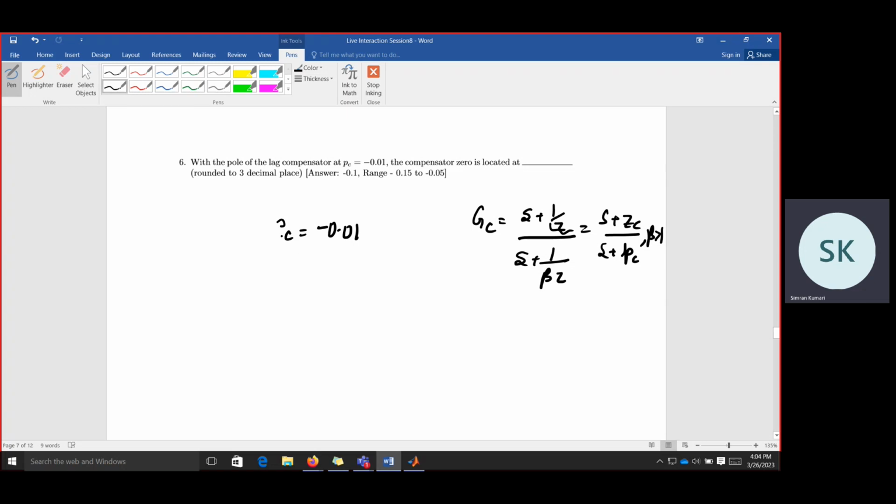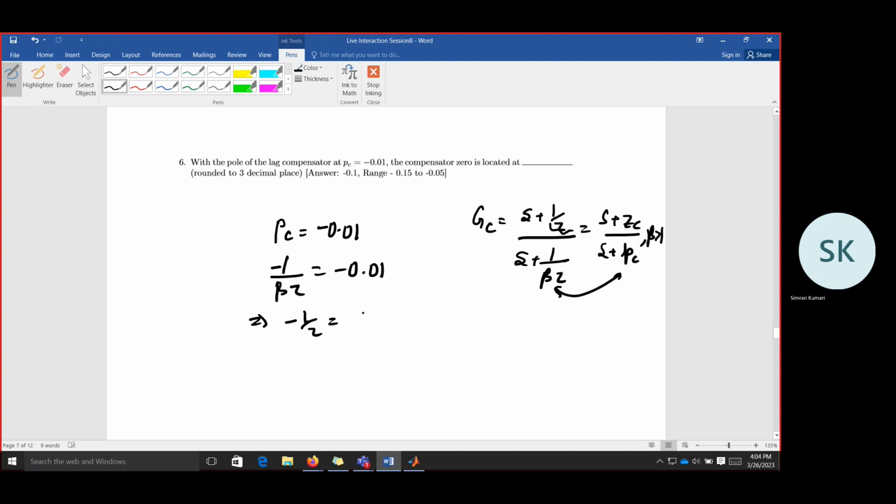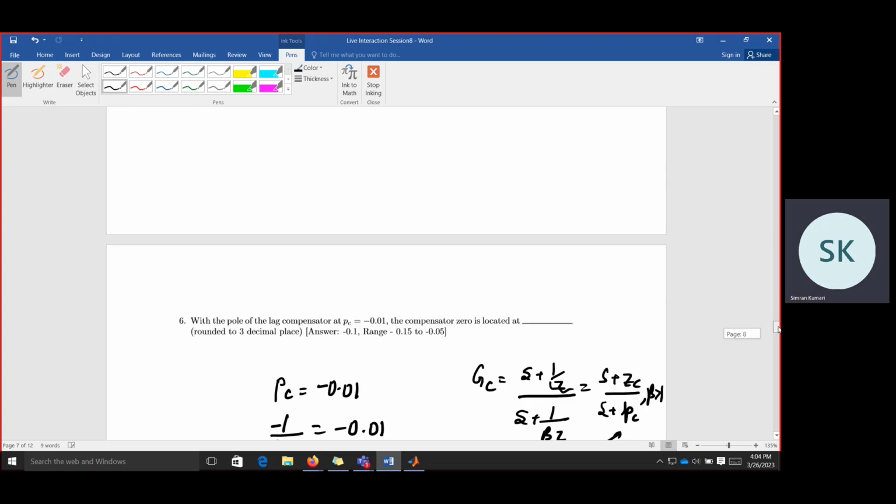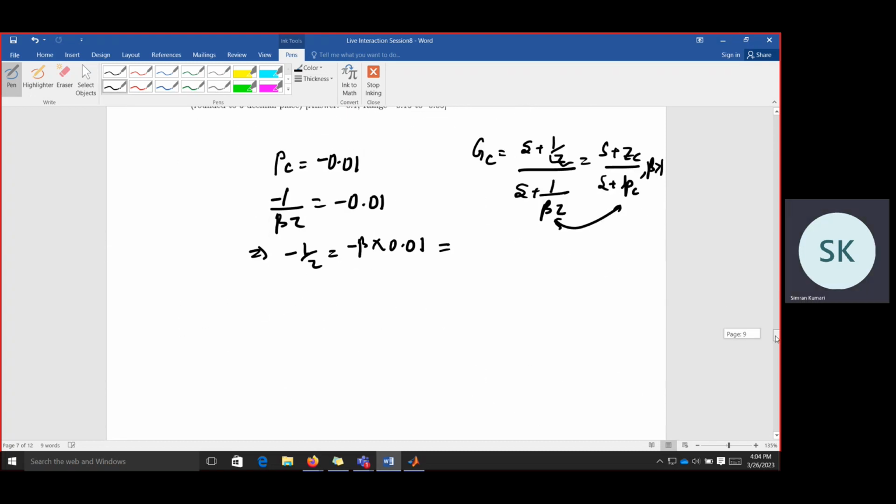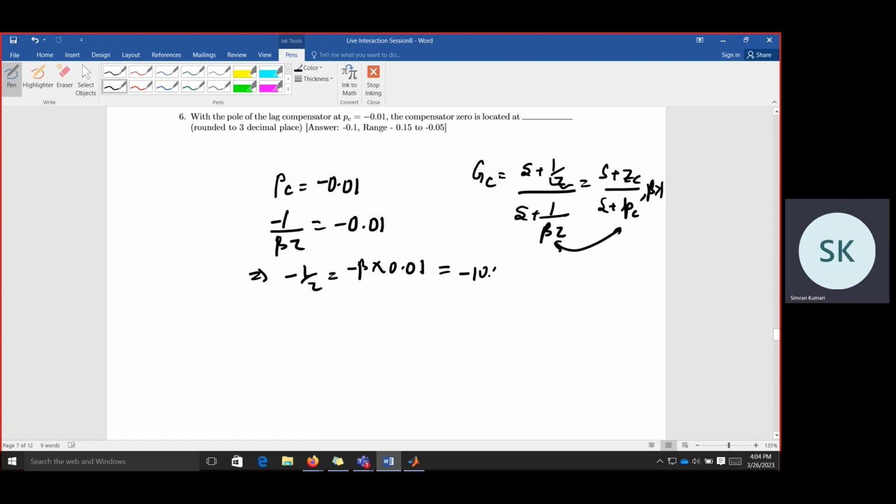So what is this? This is basically minus 1 by tau, where 1 by beta tau is 0.01. So minus 1 by tau will be beta into 0.01, and beta we have found out is 10. Minus 10 into 0.01, so it's minus 0.1.